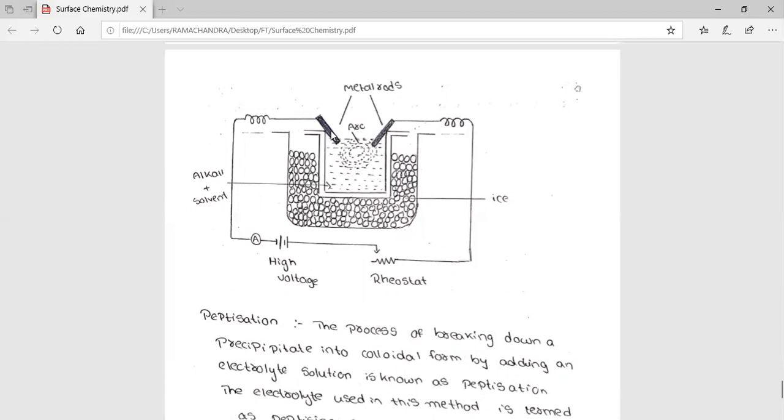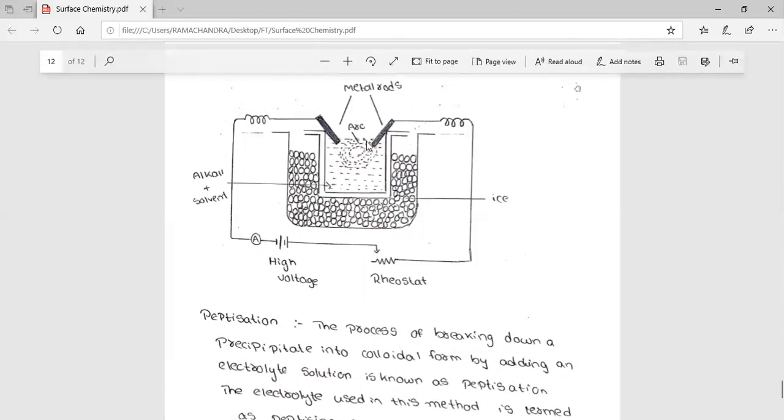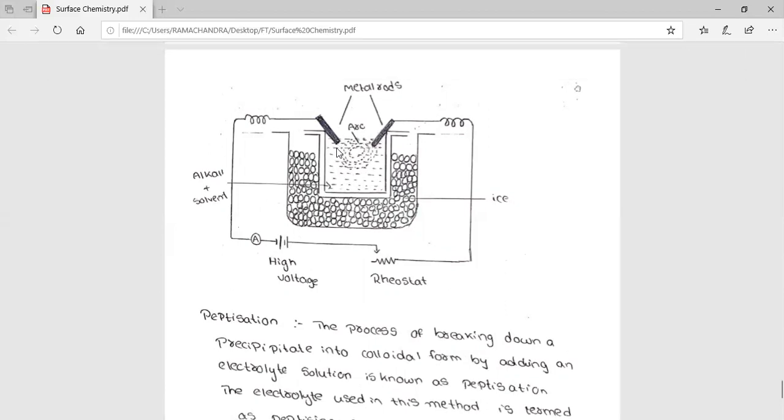These two electrodes are immersed in the chamber containing an aqueous solution, which is called the dispersion medium.